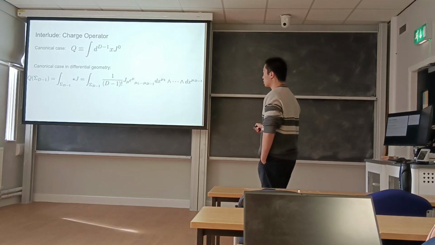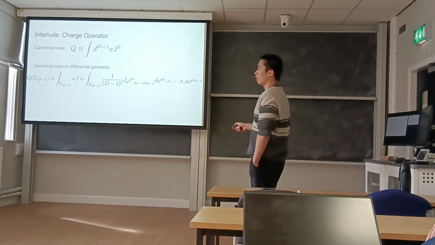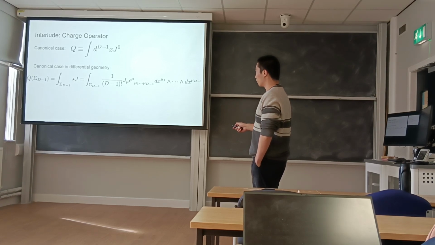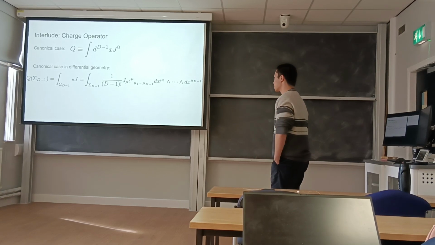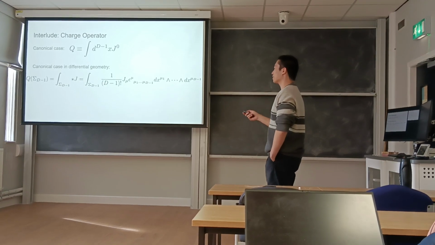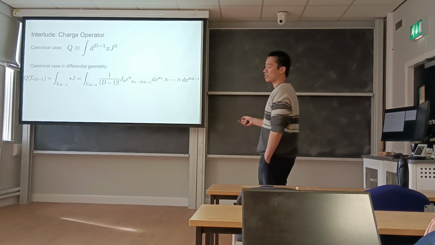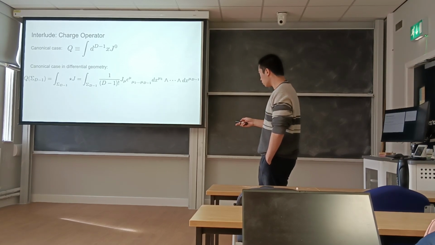In indices, it's as such, but in differential geometry language, it's just the integral of the Hodge dual of the current over a d minus 1 dimensional surface. Now this expression shows why we are recasting everything in differential geometry, because it really is much cleaner than having all this mess around if you use indices.